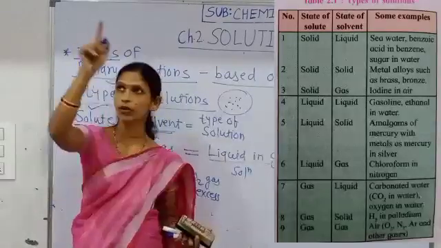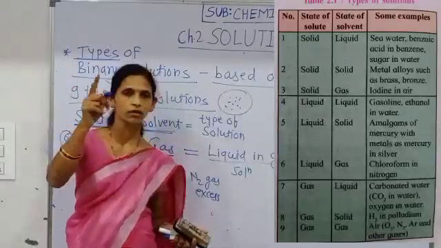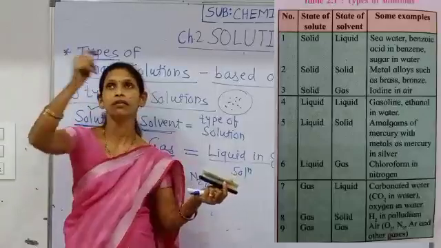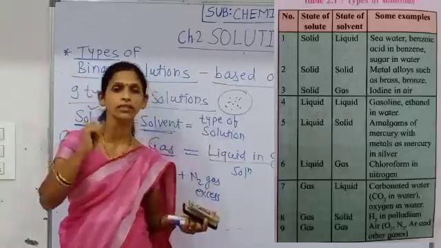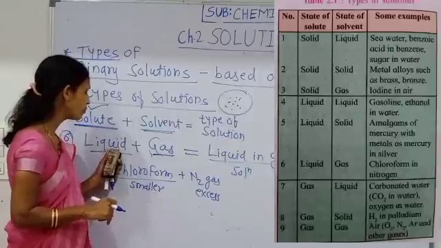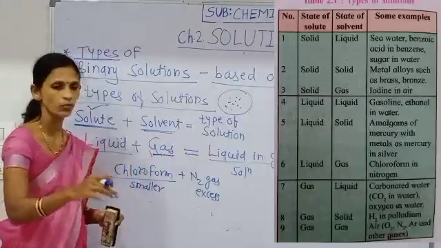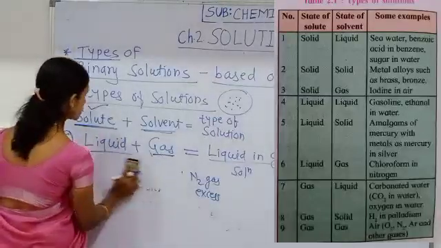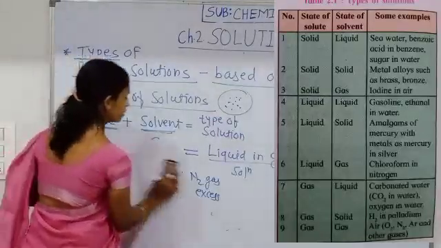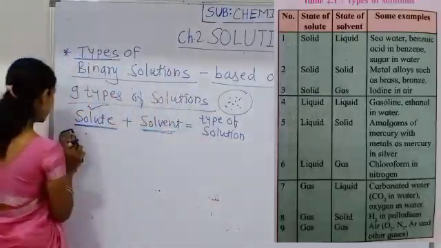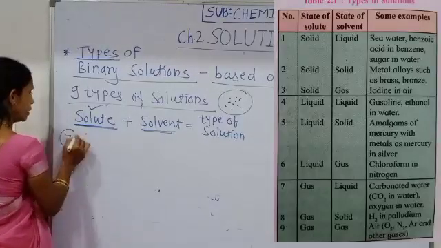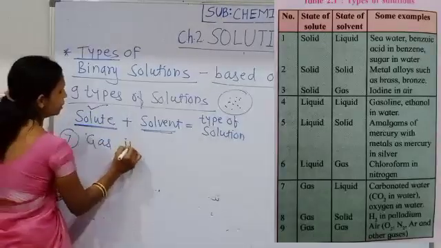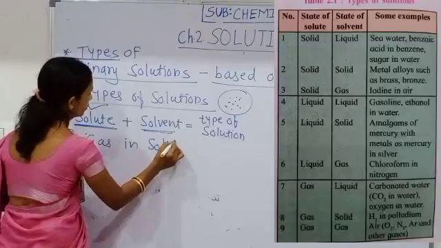Therefore, those water droplets present in the air are dissolved in air, which is gaseous in nature. That is an example of liquid in gas type. Then the next type, the 7th type, is gas in solid.